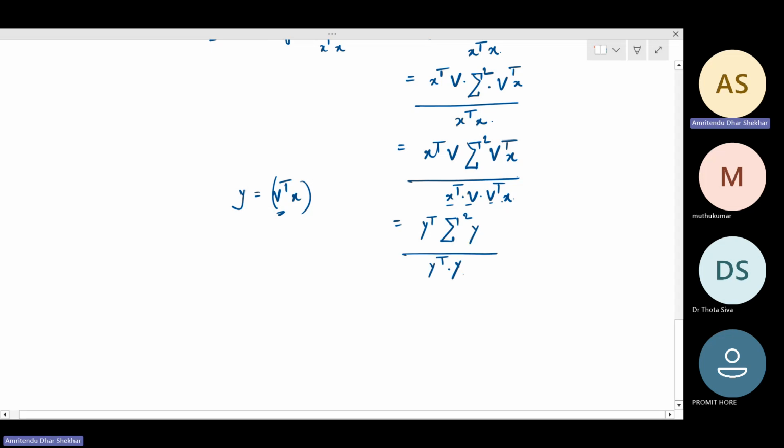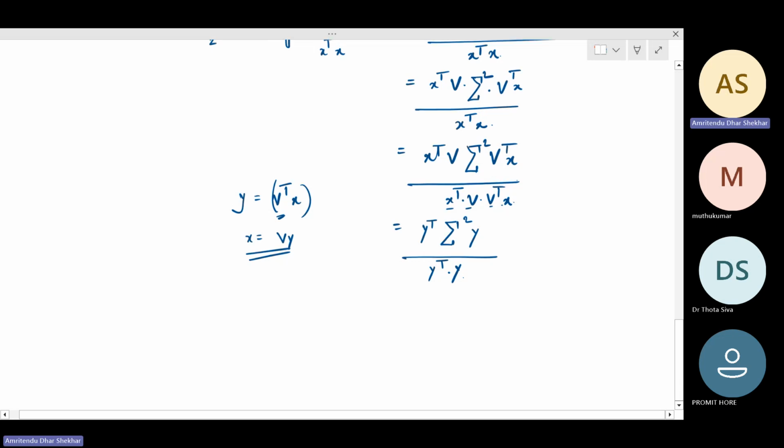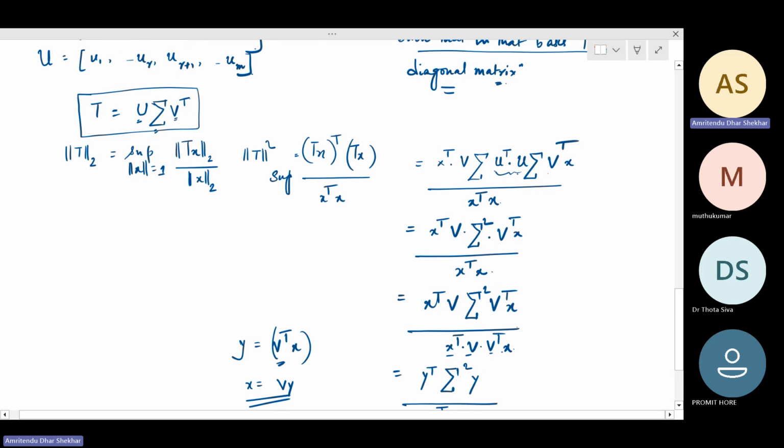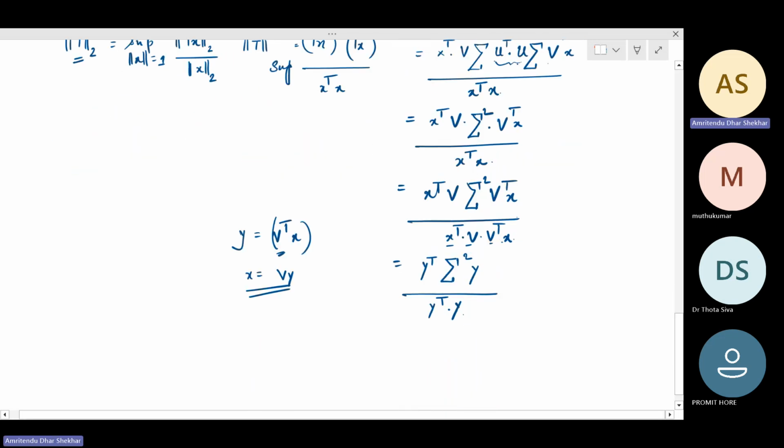Okay, you can always write this as this. This is an orthonormal basis, so this is like a change of basis operation. This is basically writing x equal to Vy. So it's a change of basis operation. And so then it's clear that if you want to get the supremum, you look at this diagonal matrix sigma.